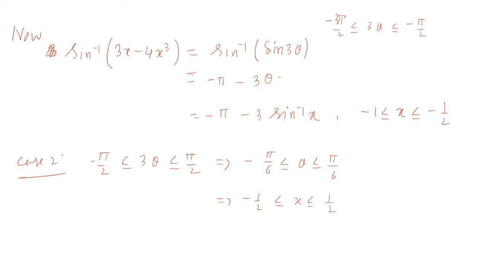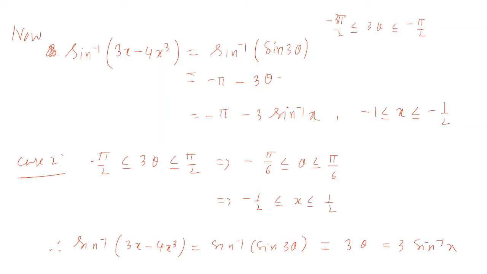So this is the condition on x, and it is in the principal branch. Therefore sine inverse of 3x minus 4x cube will be equal to simply sine inverse of sine 3 theta, as it is in the principal branch, so it will be equal to only 3 theta, that is 3 sine inverse x. This is the second proof.